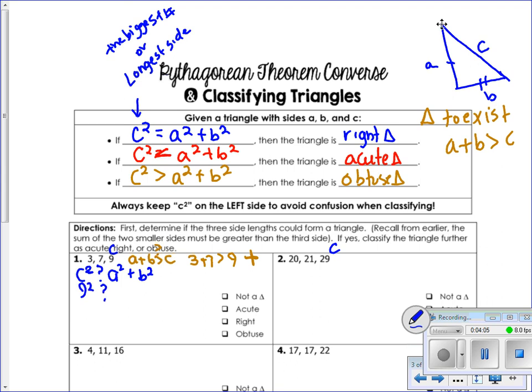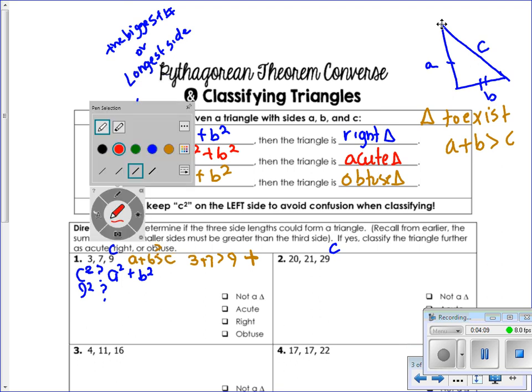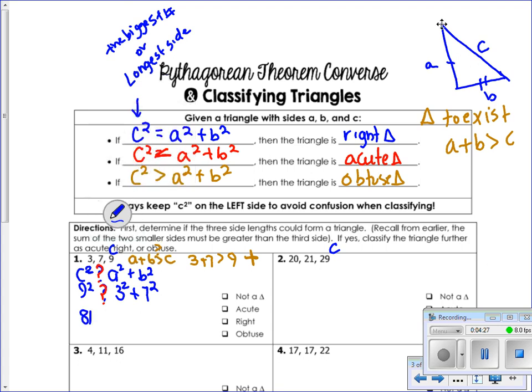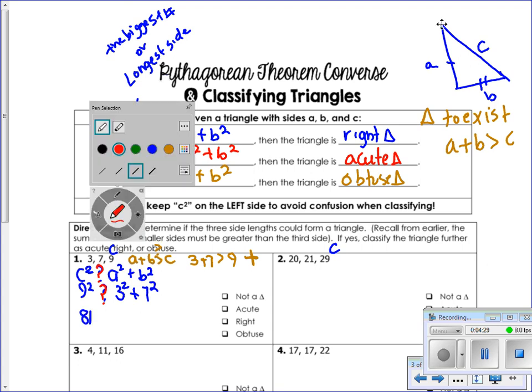I'm going to do it in red. I don't know if this is greater than, less than, or equal to. A squared is 3 squared plus B squared is 7 squared. I have 81, question mark.